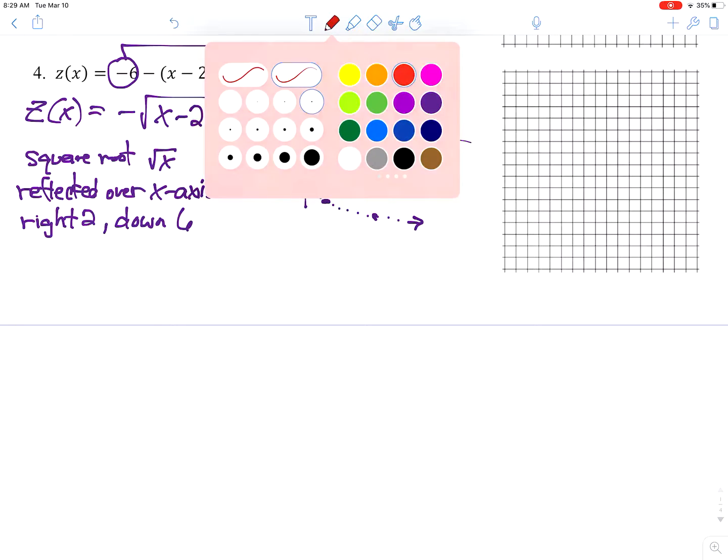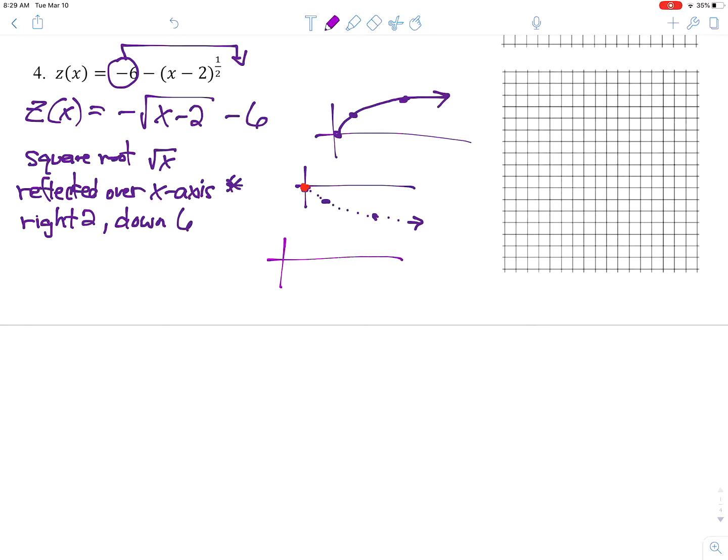So this anchor point, I call it, that important point that was at 0, 0, is now going to be at 2 over and 6 down. 1, 2, 3, 4, 5, 6. That's 2, negative 6. Now visually, because I know the pattern that in the square root function I go 1 over and 1 up, and then 4 over and 2 up, I'm going to work on this point down at 2, negative 6, and think about that as going now, instead of 1 over, 1 up, it's 1 over and 1 down.